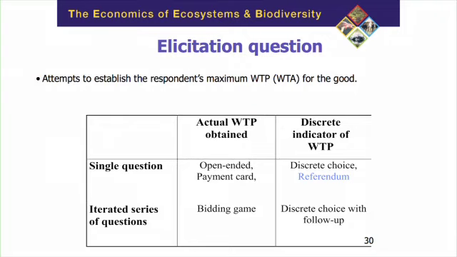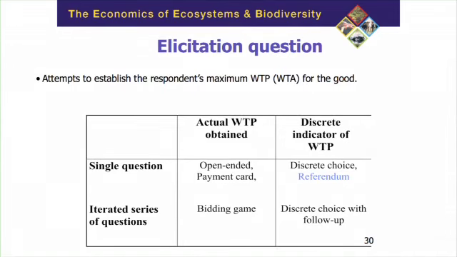And that referendum is the recommended technique. And it was recommended through a NOAA panel review, which I'll talk about later. The problem with that is referenda is great in the US because there are lots of referenda, whereas in the UK we don't really have referenda. So if you try and use a referenda, people don't really understand it. So we tend to stick to discrete choice.